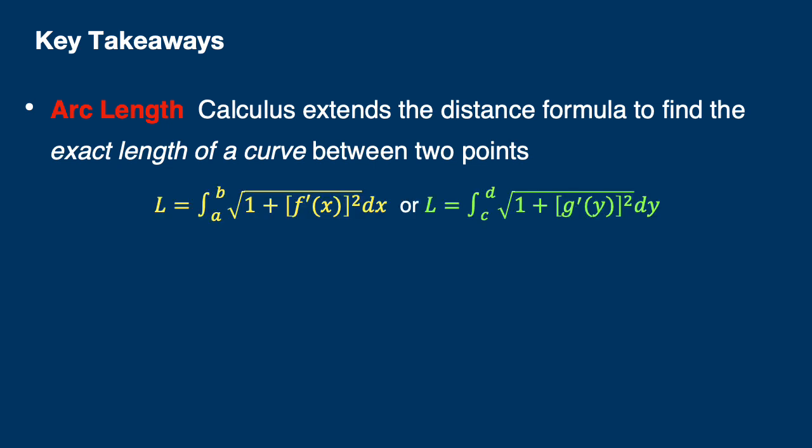If the curve is y equals f of x, the formula is the integral from a to b, the interval of x, of the square root of 1 plus f prime of x squared dx. If the curve is more naturally x equals g of y, you have a second formula: the integral from c to d of the square root of 1 plus g prime of y squared dy.